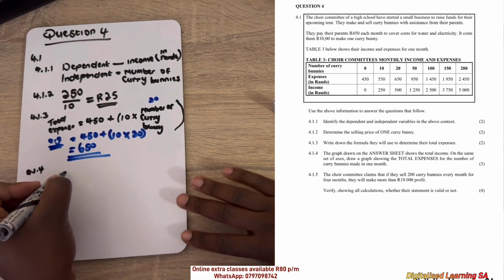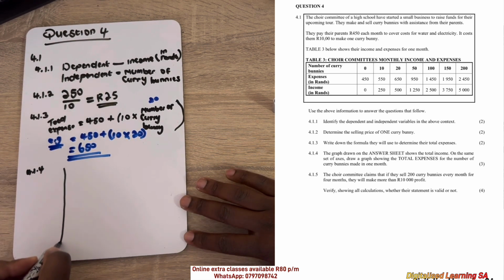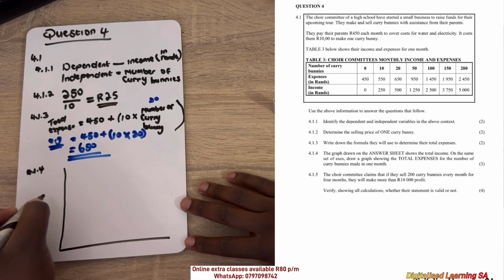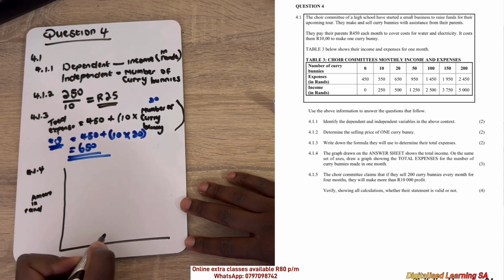So we can just do it here, right? This will be the amount in rand, and then this will be our number of carry bunnies.